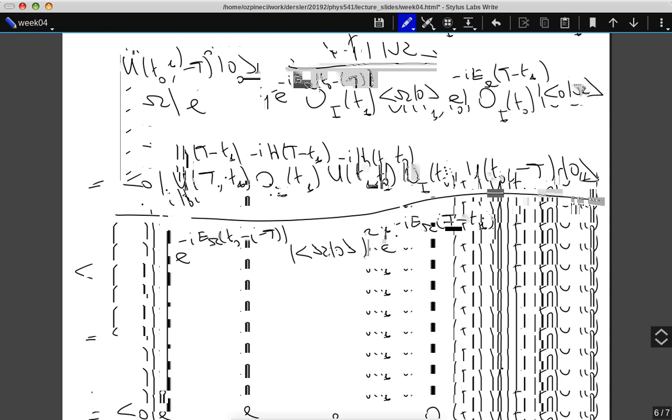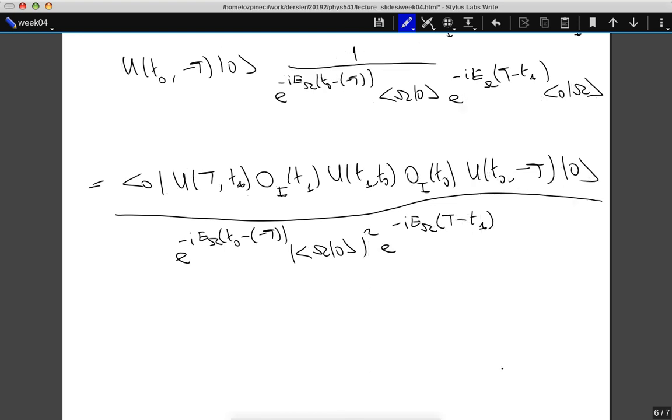So I have the 0 state at t equal to minus infinity. Then if I evolve it up to time t0, at the time t0 it is already the ground state of whatever theory I have with the full interactions. I create my particle at the time t0. This is not O, this is phi. Phi dagger of x0, t0, and this is phi of x1, t1.